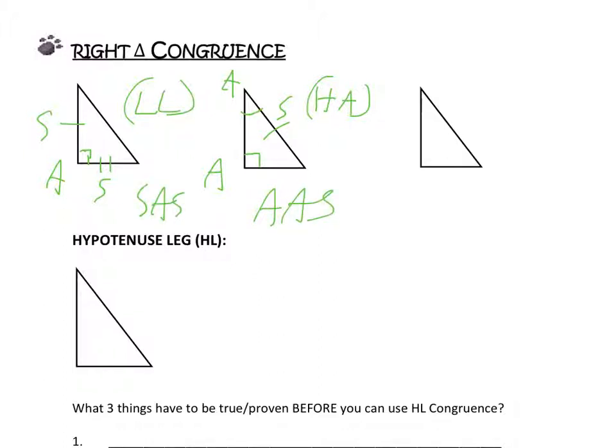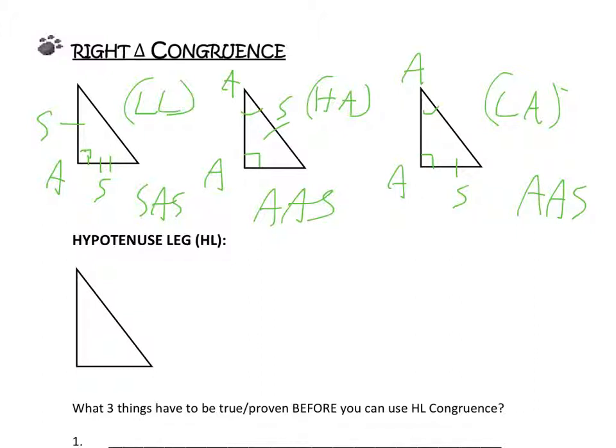Now if we had a triangle and we had an angle and a leg and an angle. Remember, legs are the sides that make up the right angle. Hypotenuse is the side opposite the right angle. But if we had this, we still would have angle, angle, side, which is one way of proving that congruent.